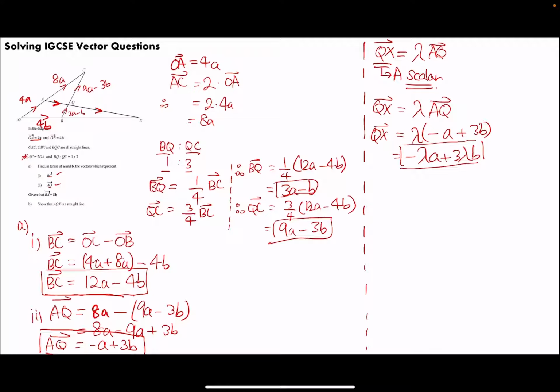And then from the question, we know that BX equals 8B, and we know OB equals 4B from the question again. So therefore, OX is equal to 4B plus 8B, which is equal to 12B.